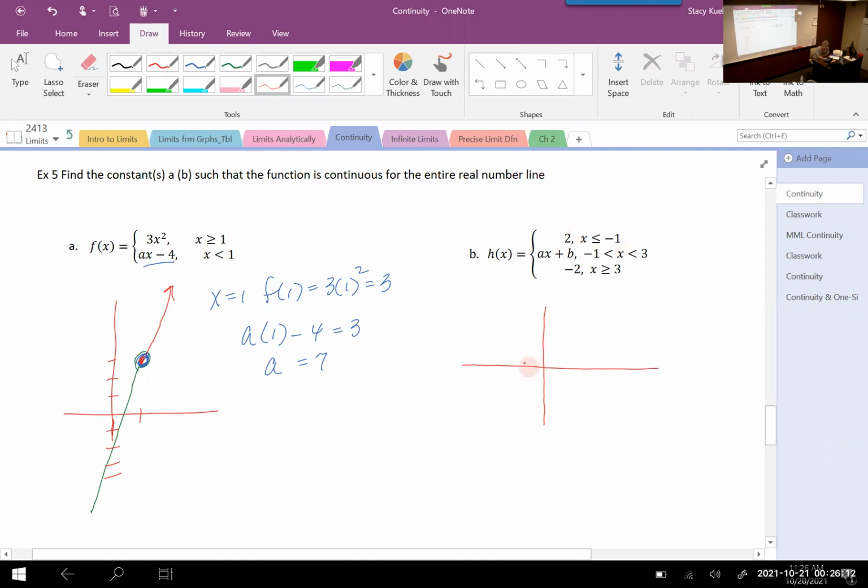When x is equal to -1, the function itself is equal to 2. When x is equal to +3, the function itself is equal to -2.